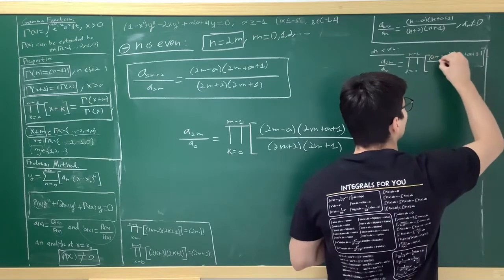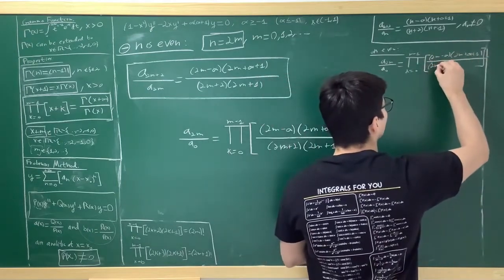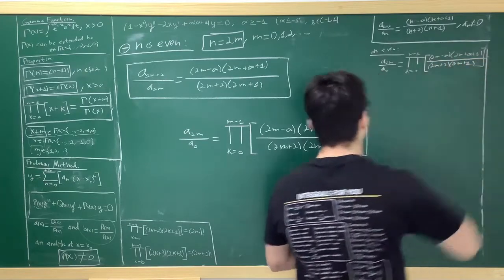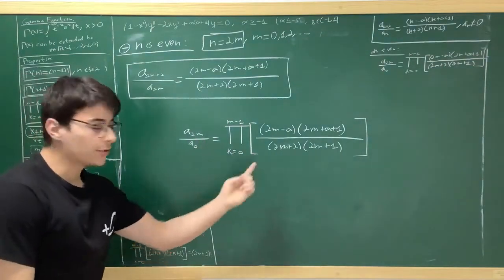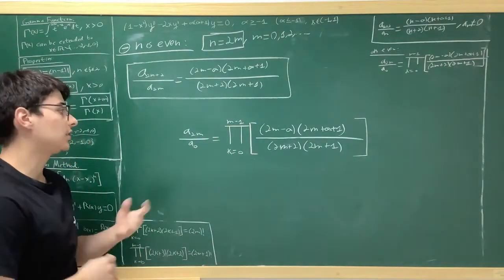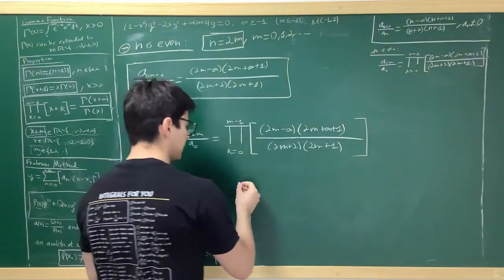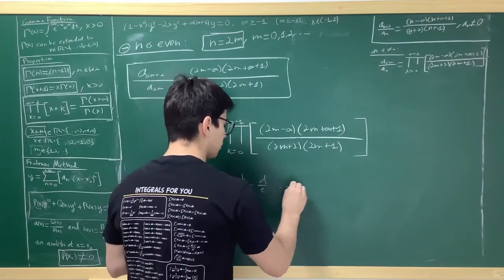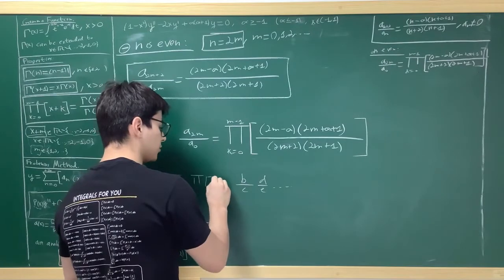And you see afterwards why I'm writing it like this. I'm writing it there because I wanted to remember it. To evaluate this product, we are going to use the properties of this product. And the properties are that, imagine that I multiply B, C, D, E, and so on. Well, I can express this as the product of something.